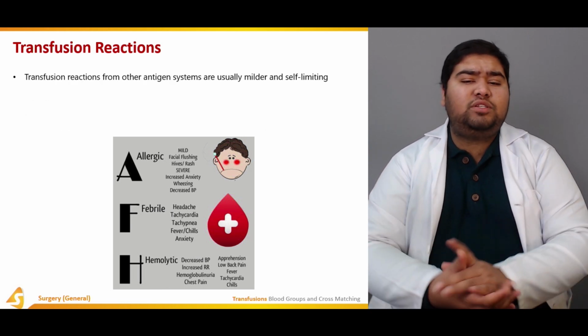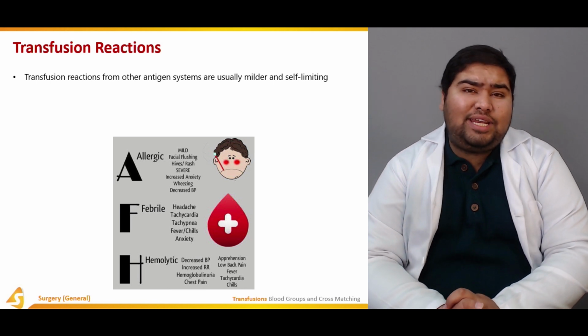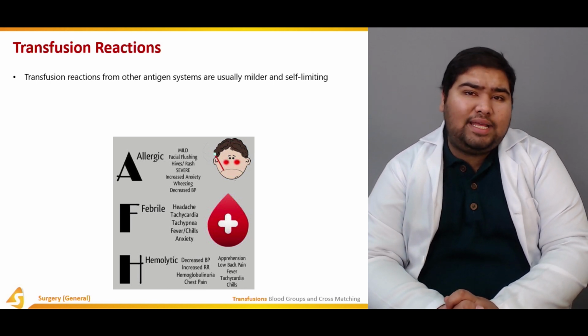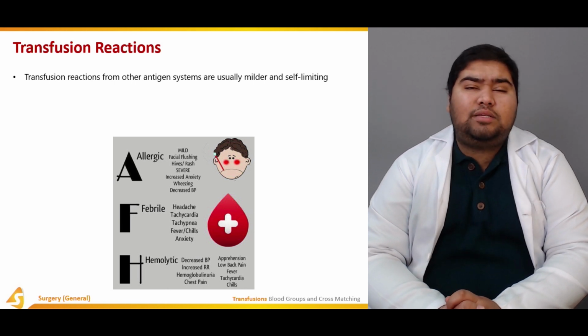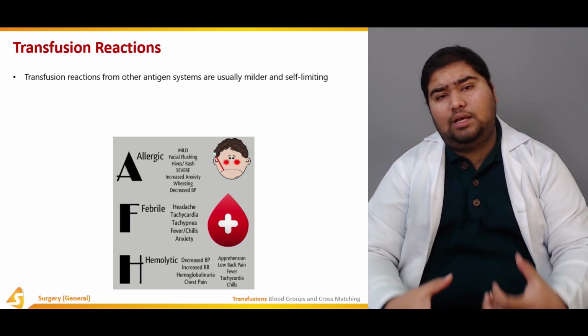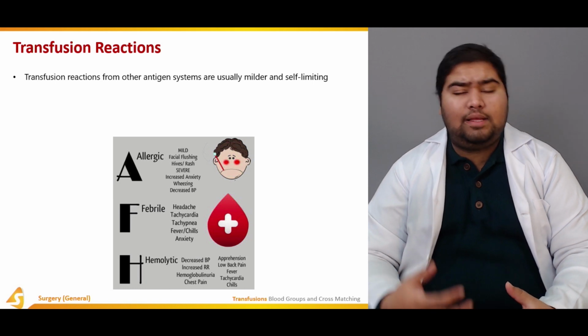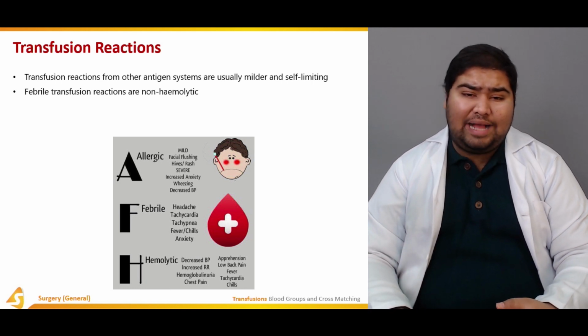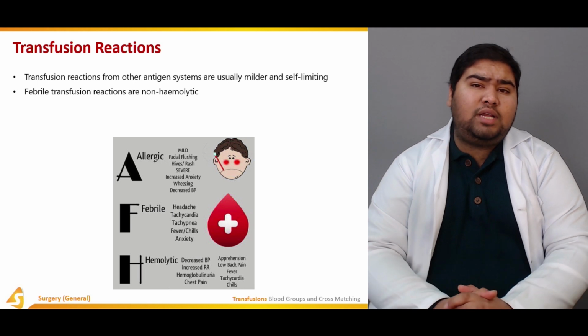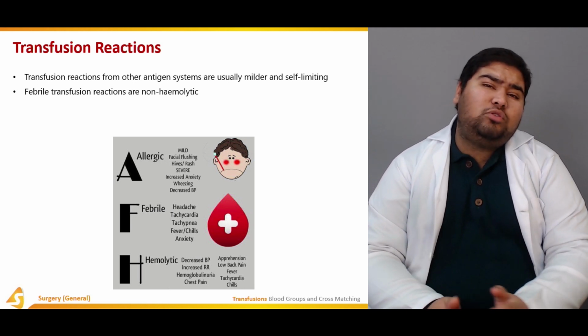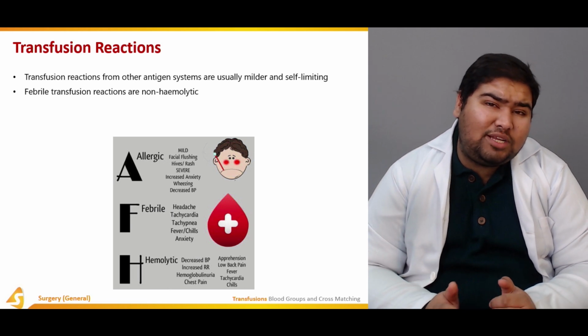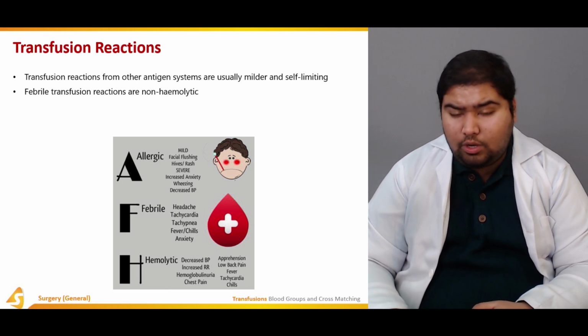The transfusion reactions from other antigenic systems are usually milder and self-limiting. ABO is the strongest antigenic system and has the strongest response when it comes to transfusion reactions. The febrile transfusion reactions are usually non-hemolytic. So the febrile ones are somewhat easier to contain because they are non-hemolytic.